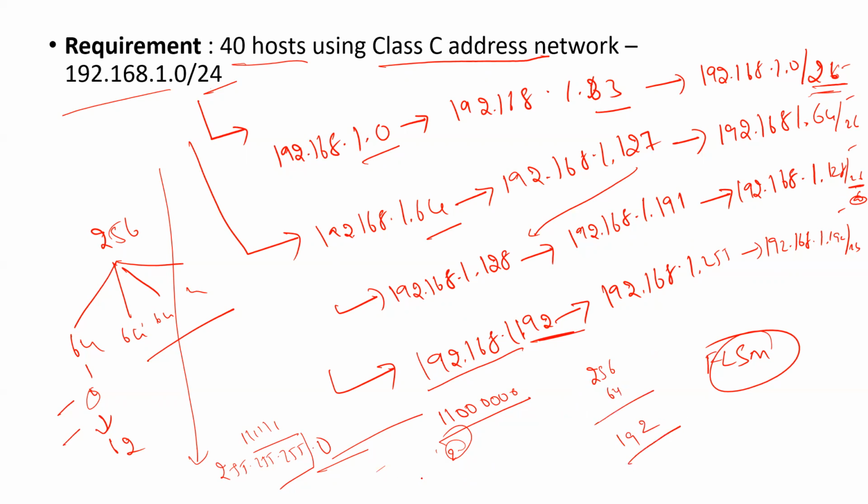So for a /26 subnet the subnet mask is 255.255.255.192.